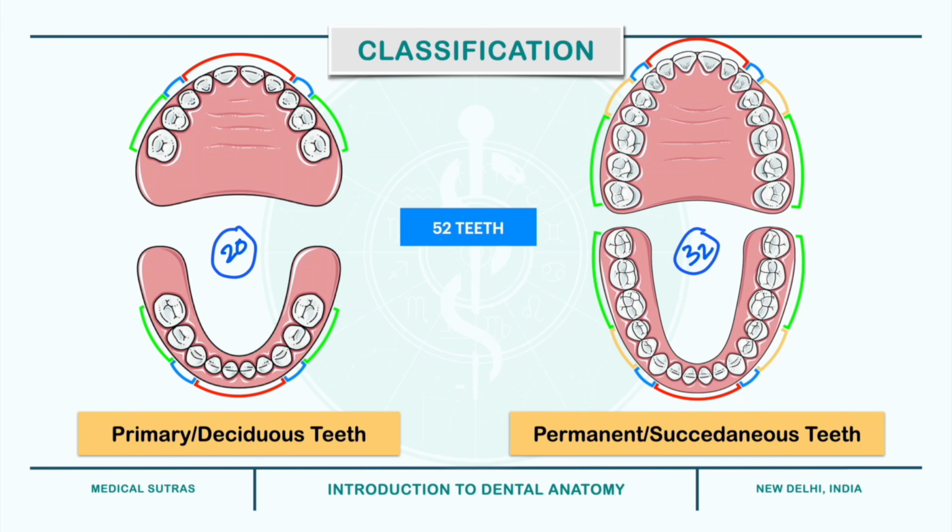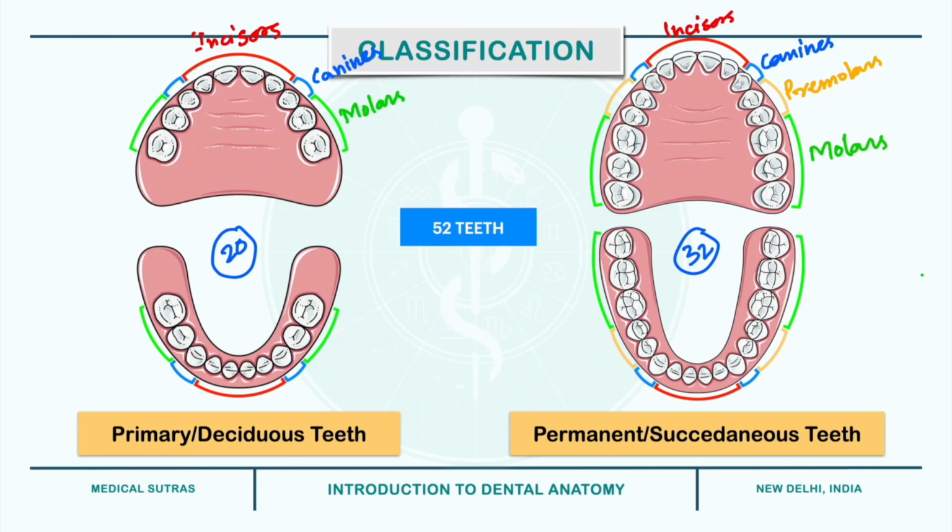The primary teeth include incisors, canines, and molars, while the permanent teeth include incisors, canines, premolars, and molars.